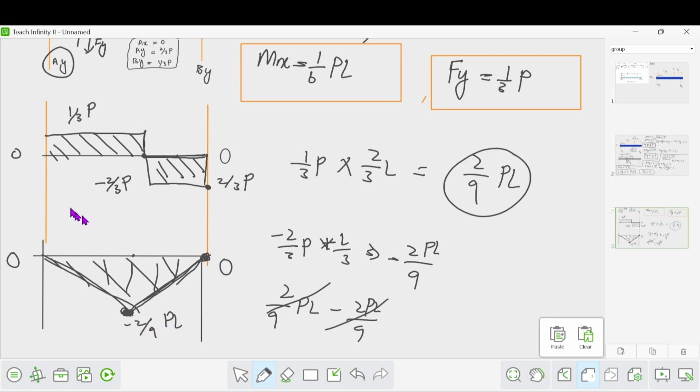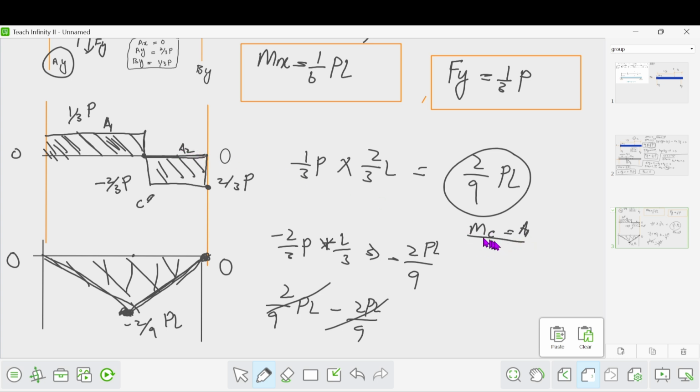So you can find the moment by summation of these areas. Let's say this is point C. So how can I find the moment at this point? The moment at point C is equal to area A1. Let's say this is A1 and this is A2.